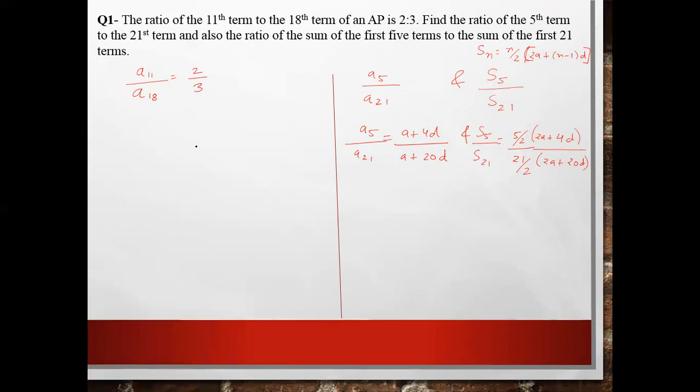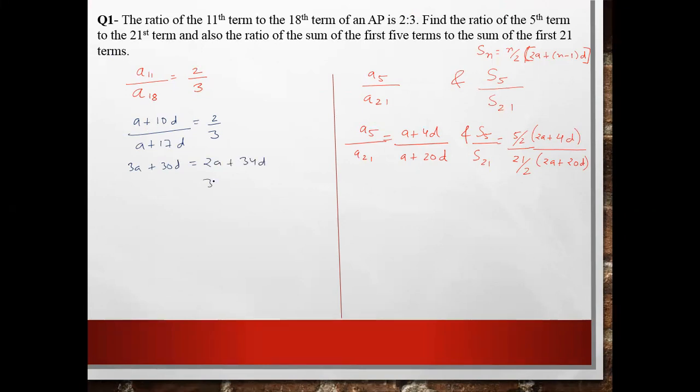What do I need to solve this? I just need two values. If I just know A and D, I'll be able to solve it. So simply find the value of A and D from this ratio that is given to you. A11 is nothing but A plus 10D, and A18 is nothing but A plus 17D, which is 2 upon 3. Cross multiply. We'll get 3A plus 30D is equals to 2A plus 34D.